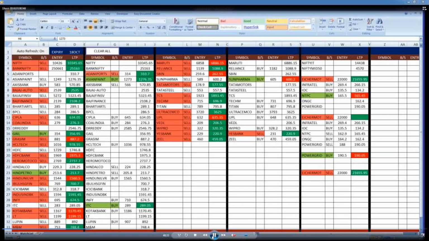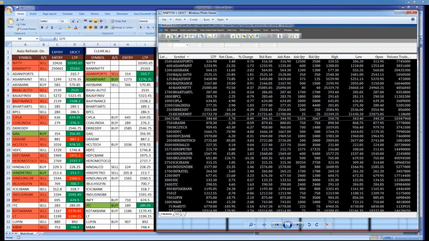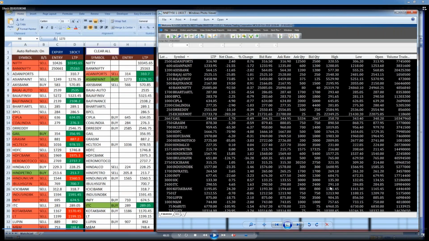It closed in profit. It gave minor profits, 289, 90, 91, to just 2 rupees. 2 rupees on ITC is 4,800 rupees. So that is also a very good profit.